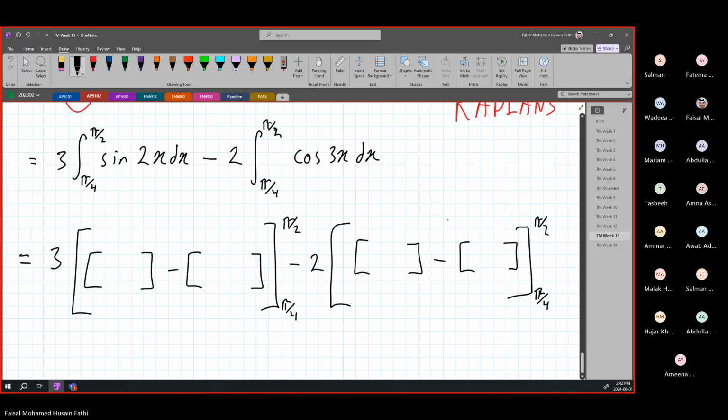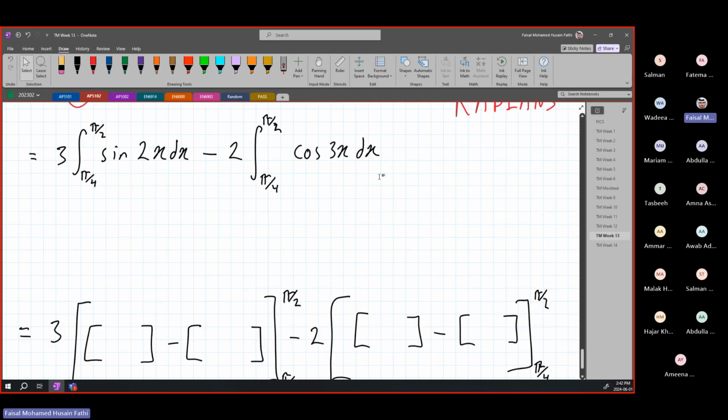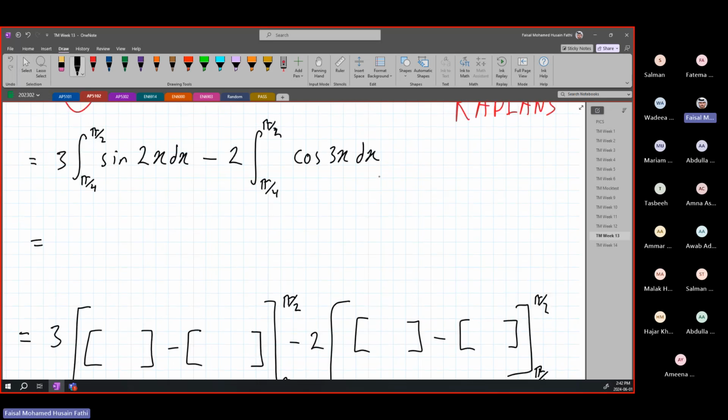All right, so now let us do the actual integration. I skipped the step of the integration. Let me just actually add that over here so that there's no confusion. All right, I don't want to integrate directly. So this is going to be 3 times sine of 2x becomes minus cosine of 2x divided by 2.